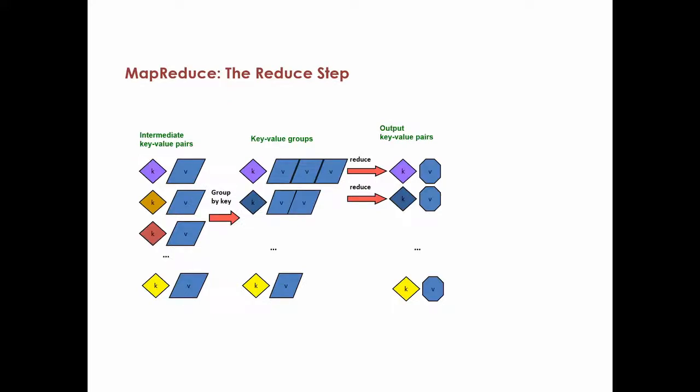Similarly, the output key value pairs from the mappers are grouped using this group by key operation into a reducer. So a reducer gets a key and corresponding to that a list of values.